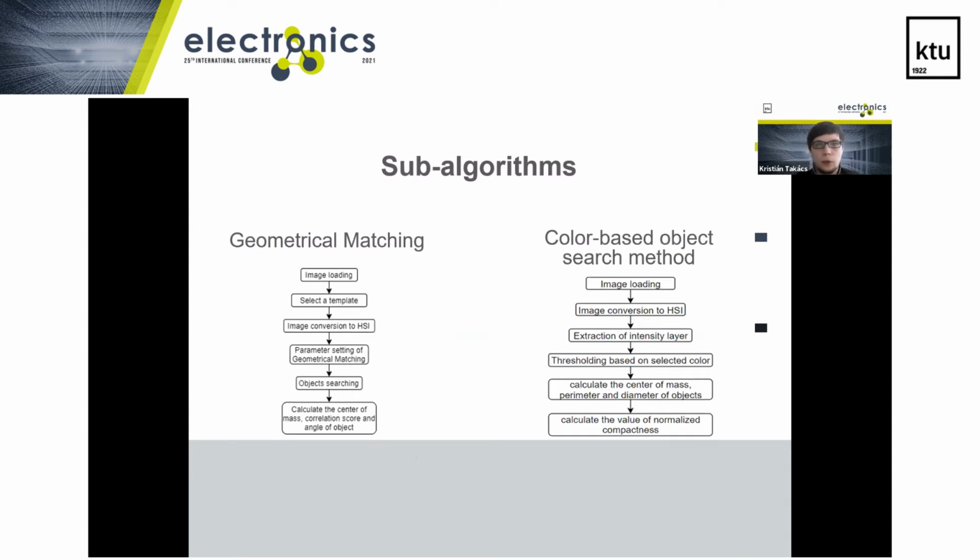The left side of the screen shows a block diagram for the geometrical matching subalgorithm. This geometrical matching search method, like the previous method, requires a template for detecting the object and converting the original image.